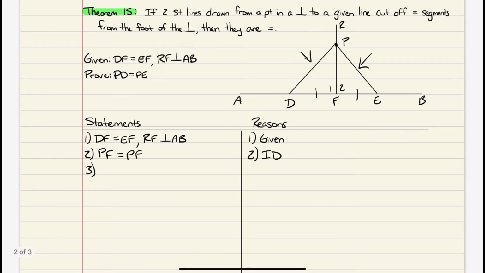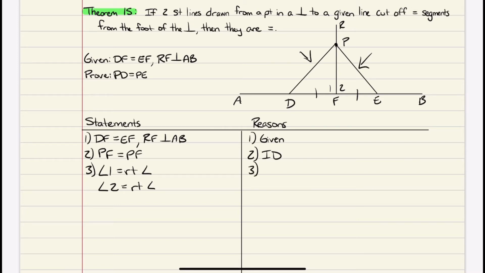We're given that this line is perpendicular to that line, and so we know by the definition of perpendicular lines that they form right angles. So we could say that angle 1 equals a right angle, and angle 2 equals a right angle. That's not number 4, this is number 3.